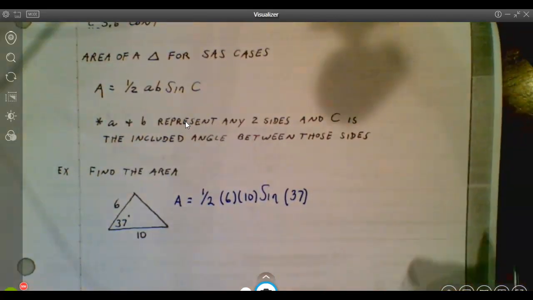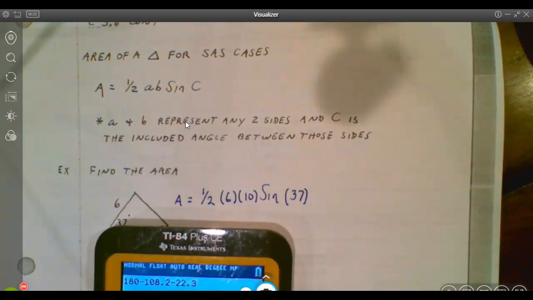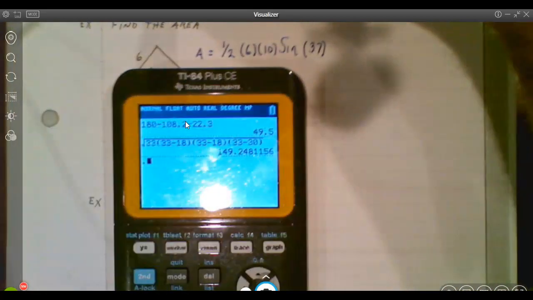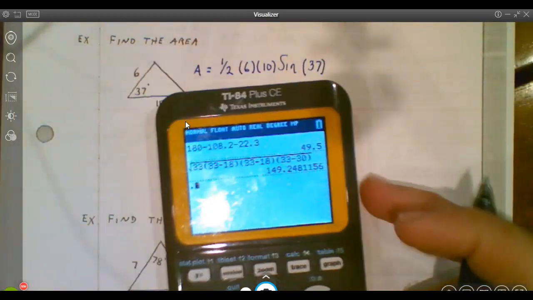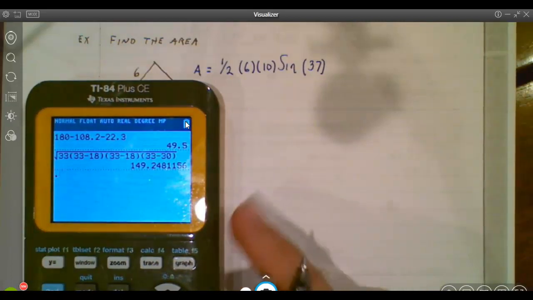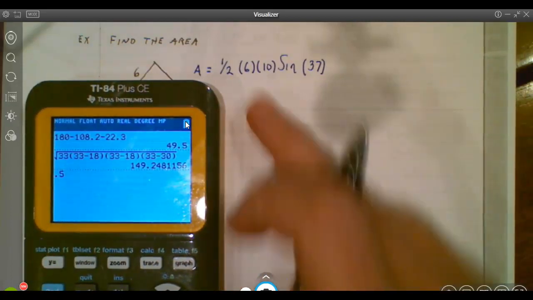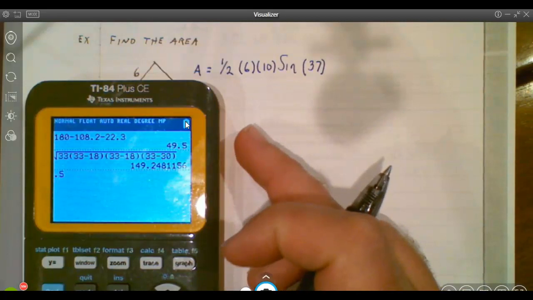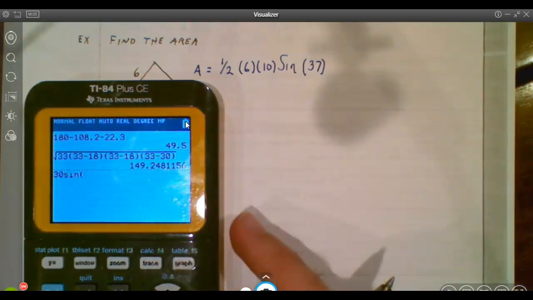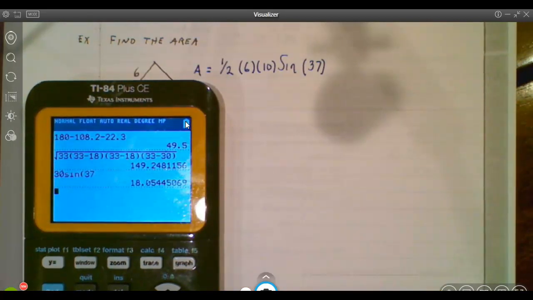The rest is calculator. Half of 60, I really could just put 30 right there. So 30 sine 37, and we have our area of about 18.1.